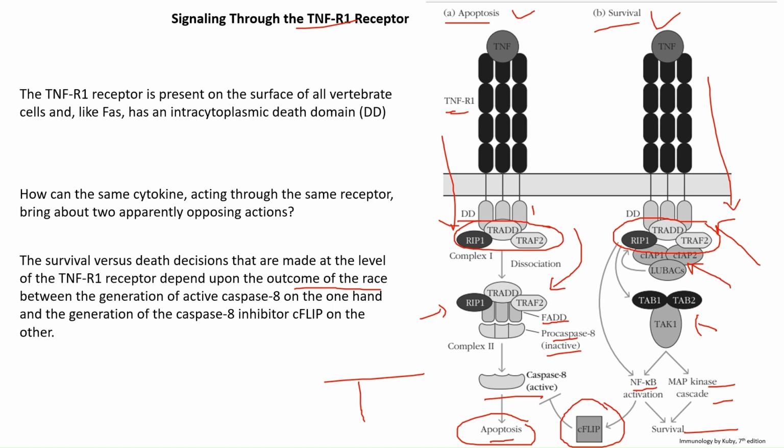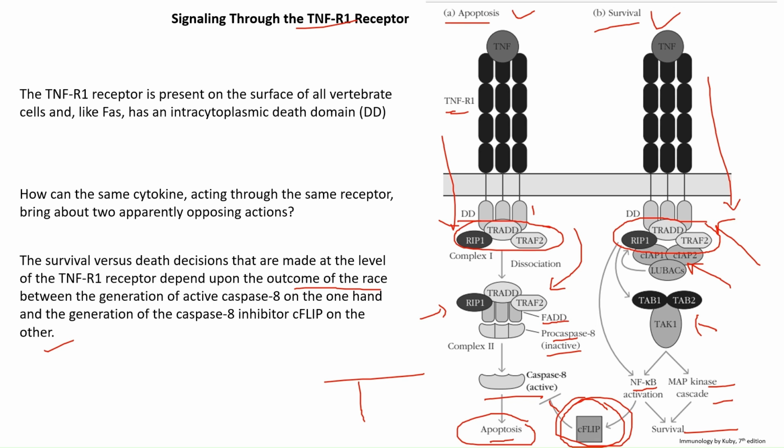If before caspase 8 activation C-FLIP is formed, then it will lead to the survival pathway. Clear? So this is a race between two pathways, the apoptosis and the survival. Whosoever wins the race, that will be the outcome of that particular cell.